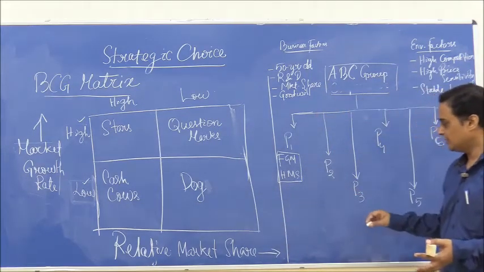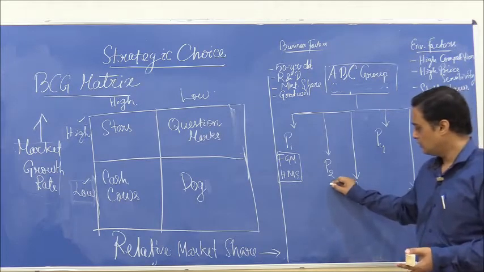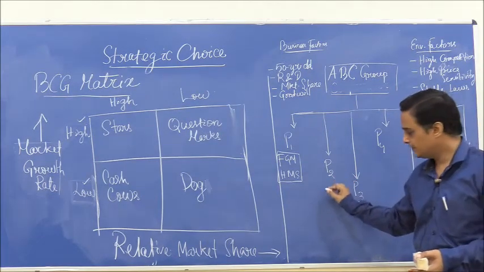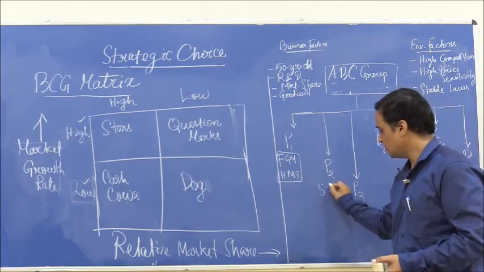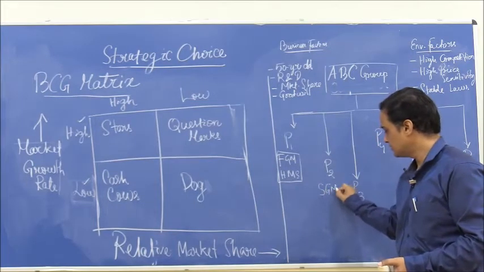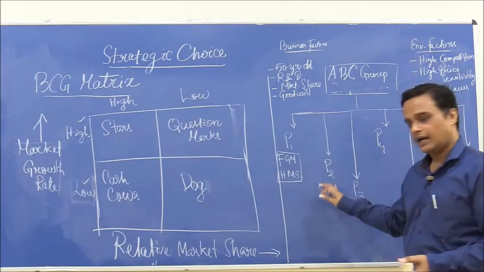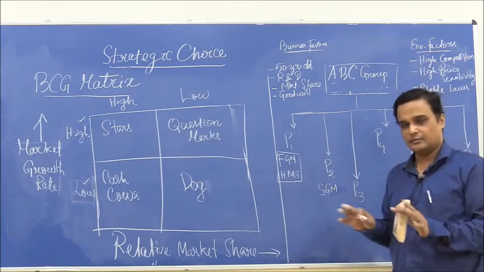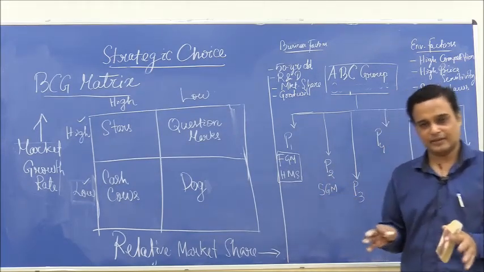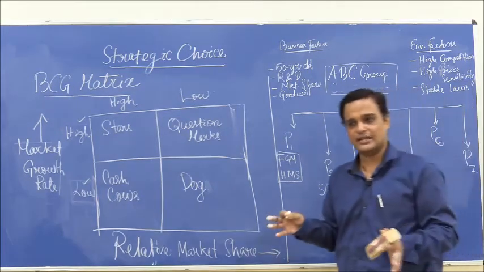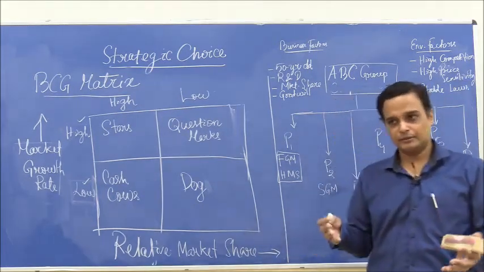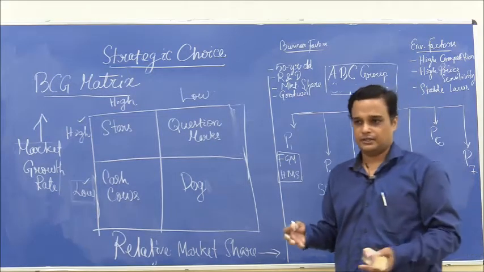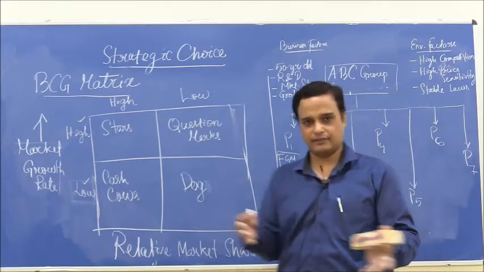We are assuming that P2 is operating in a slow growing market and in that slow growing market it is doing pretty well for itself. I mean, it has established itself, the brand is well known among the consumers and people are buying, people are looking for it, people have known this brand for a very long time.